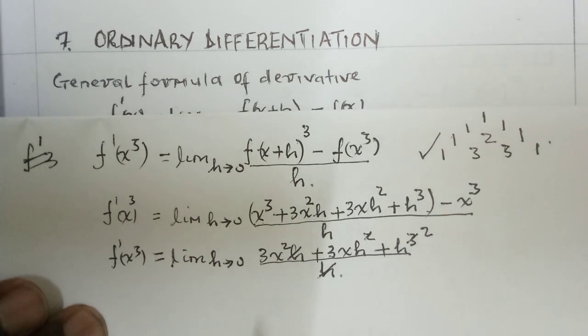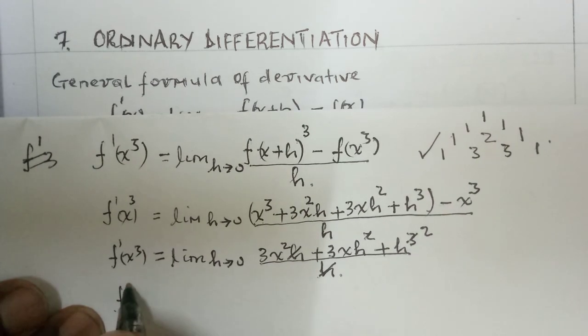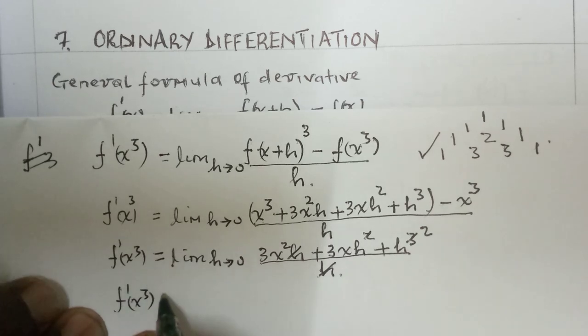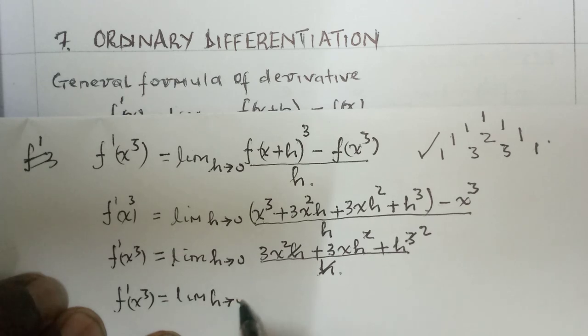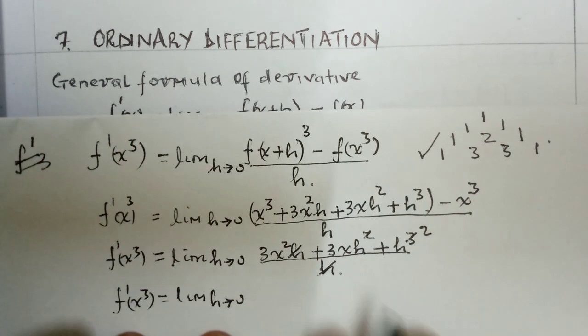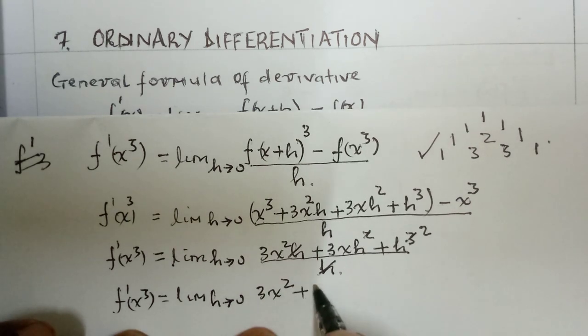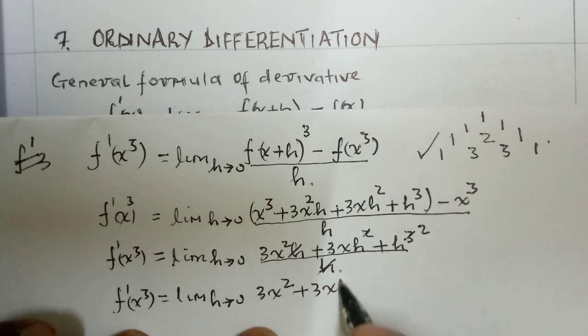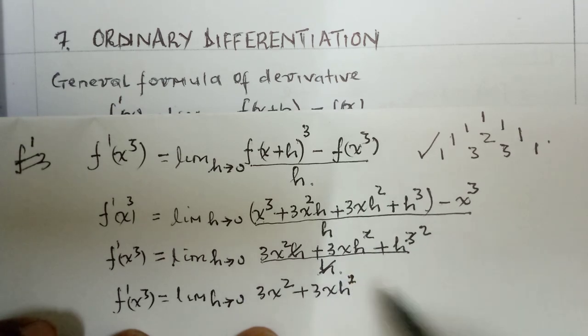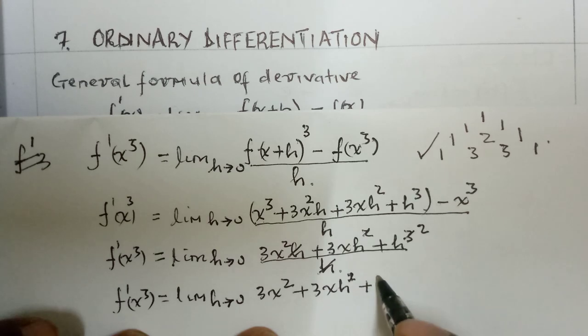So finally, f prime of x cubed, that is the derivative of x cubed, will be equal to the limit as h tends to 0 of 3x squared plus 3x h plus h squared.